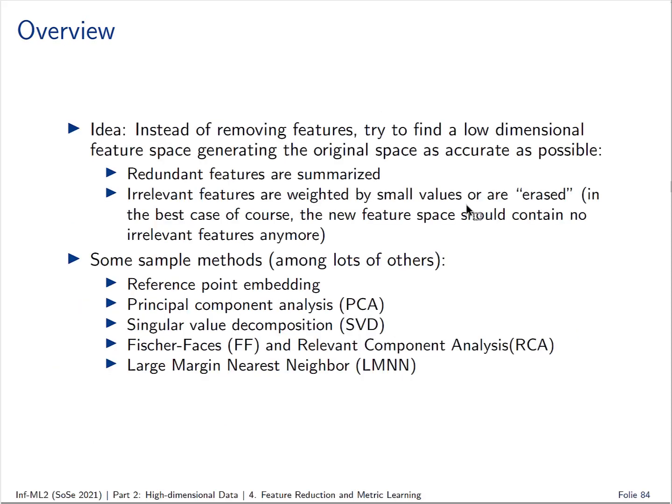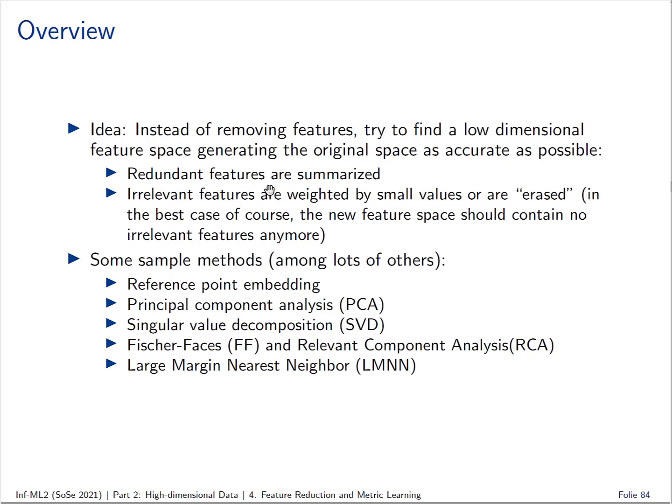So once again, as I said before, instead of removing features, we now try to find a lower dimensional feature space, modeling the original feature space as accurately as possible. So we want to have a lower dimensional feature space, but the original features are typically not kept, but we derive new ones that hopefully represent the original data as well as possible.